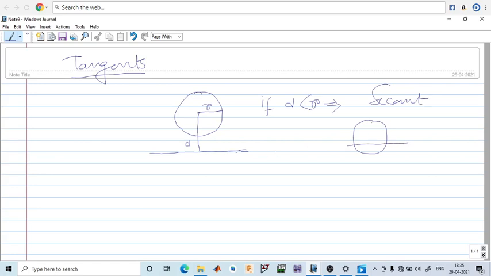If d equals r, then the line is tangent, and if d is greater than r, then this line is lying just outside the circle.